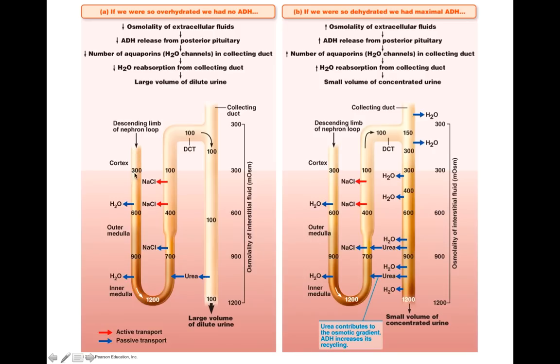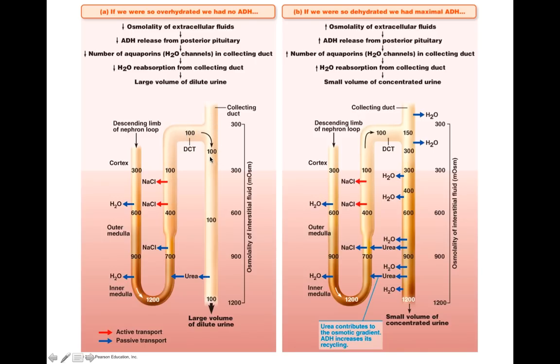So countercurrent multiplication, exchange, this all stays the same. So water goes out the descending limb, salt goes out the ascending limb. Notice up here, by the time you get to your distal convoluted tubule, you are very dilute. And so all of this water that was stuck beginning down here at the bend of your renal tubule just stays in the distal convoluted tubule.